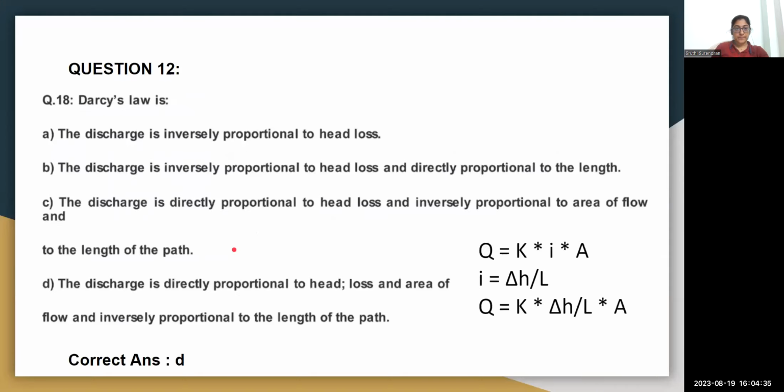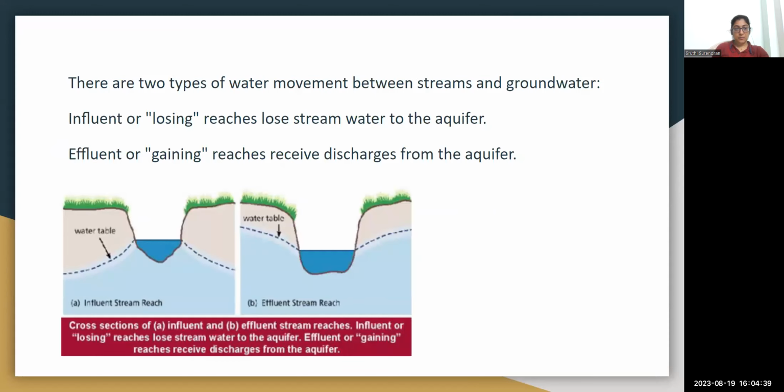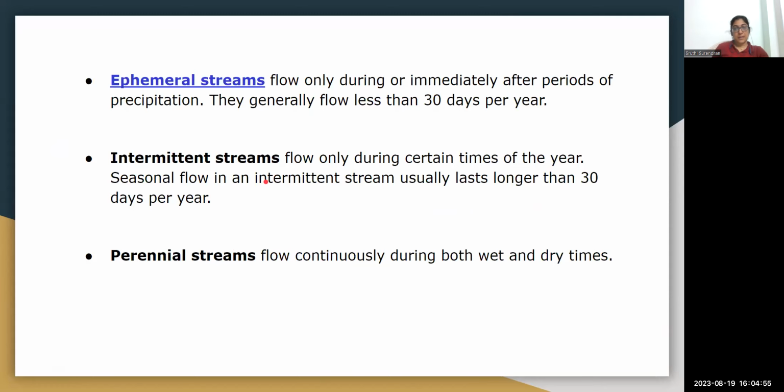Option is B. So we had checked over here what an influent stream is, what an effluent stream is. Influent stream is when the stream is providing water into the groundwater, and effluent stream is when groundwater is providing water into the stream. We also checked what ephemeral is.